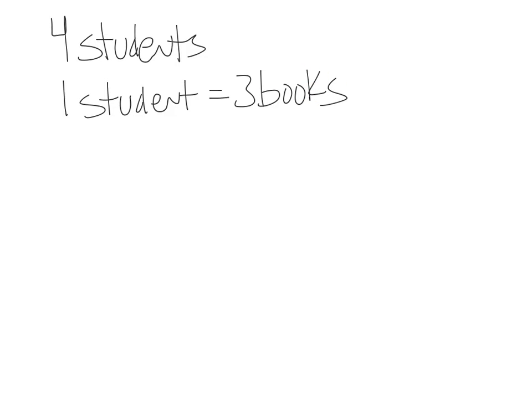So the math, we start with what we know. We know we have 4 students. We're going to multiply by our conversion factor. Now, whenever we write our conversion factor here, we have to take note as to what unit is first.